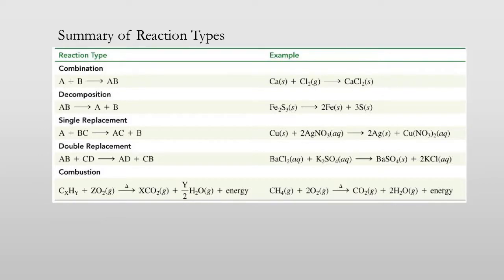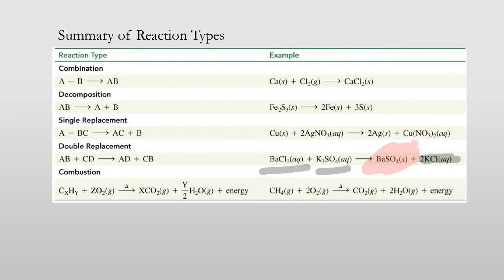The example they have is barium chloride and potassium sulfate to make barium sulfate, which is a solid, and potassium chloride. The key thing to notice here is actually the fact that you get a solid. Aqueous and aqueous making a solid and aqueous. Here's your product that you would be collecting.